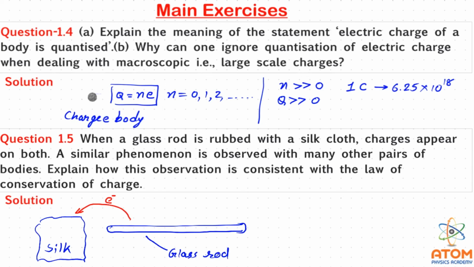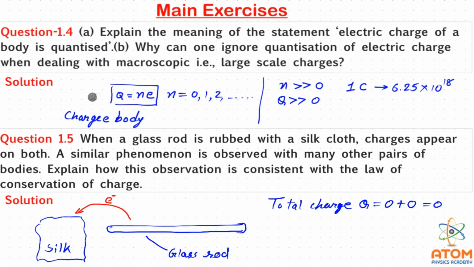First, let me clarify one thing: initially the total charge on the silk was 0, as I said, it was neutral, and on the glass rod was also 0. That's why the total charge was initially 0.